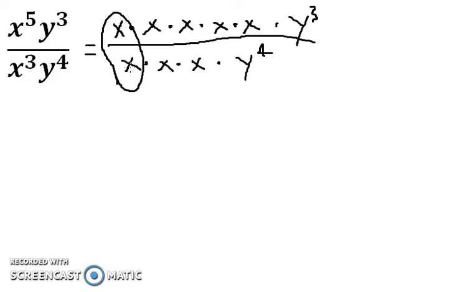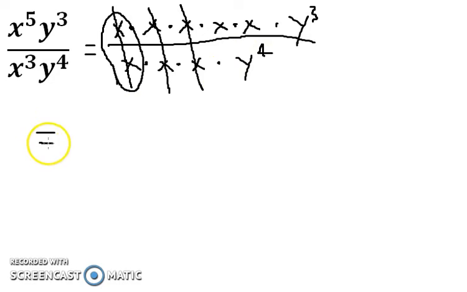And x divided by x is just 1, because anything divided by itself just equals 1. And then 1 times anything just equals that thing. So these will cancel each other, and so will these, and so will these. And you're just left with these two x's on top.